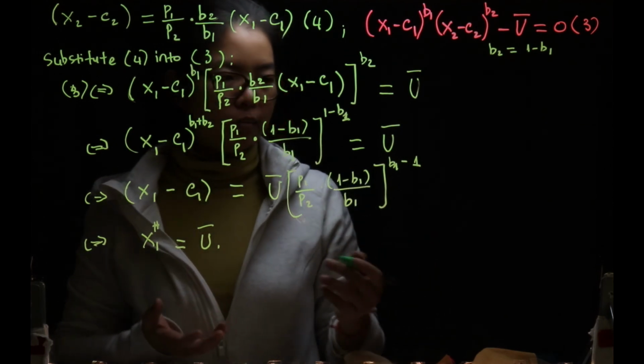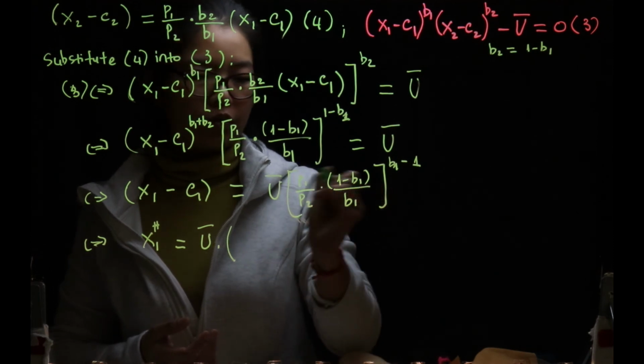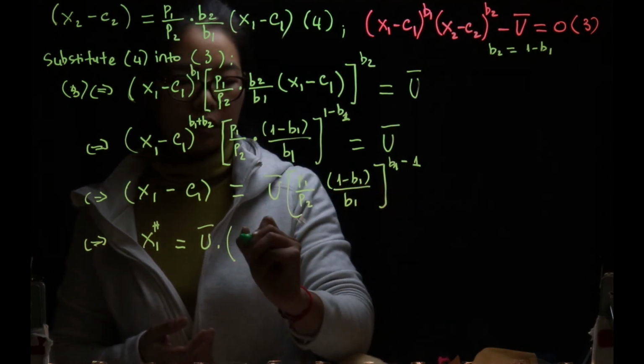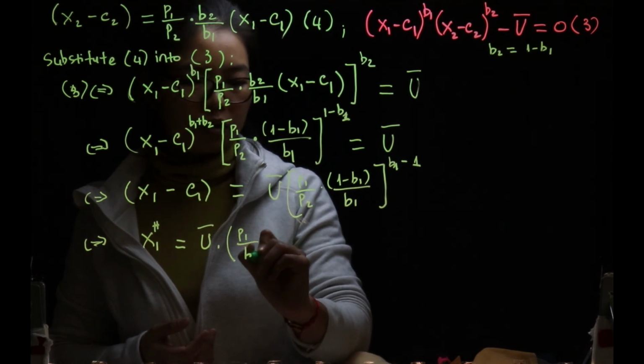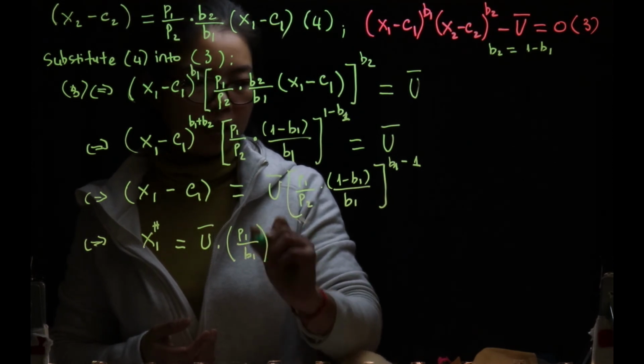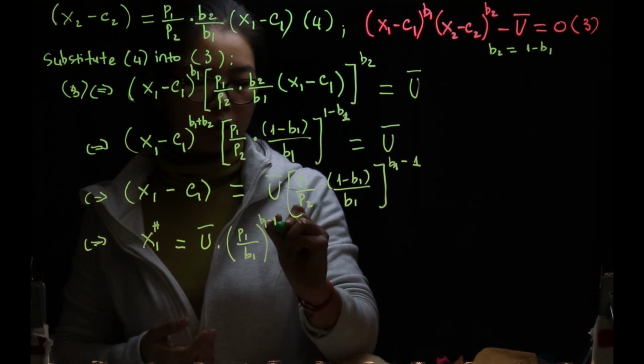now you could think about it, let's put everything with the same index, p1 over b1 to the power of b1 minus 1, right?